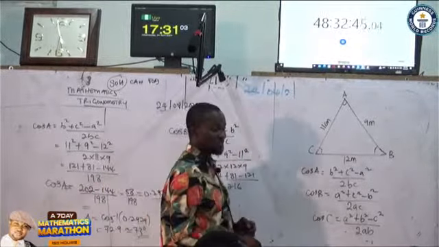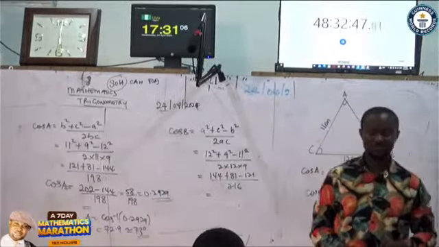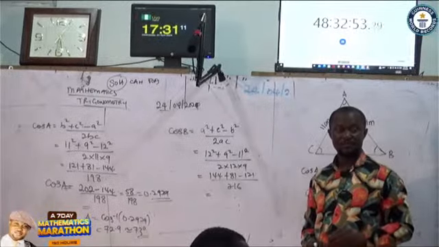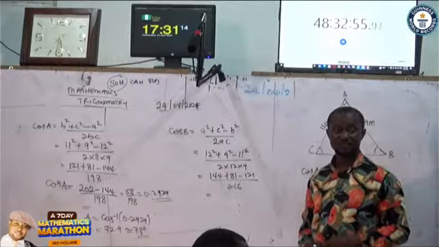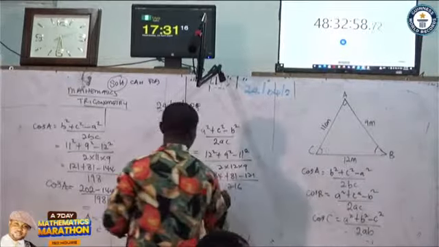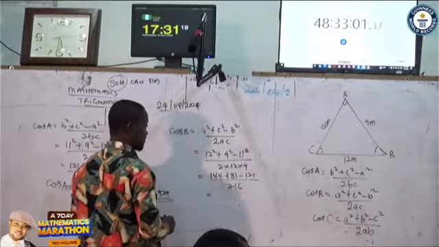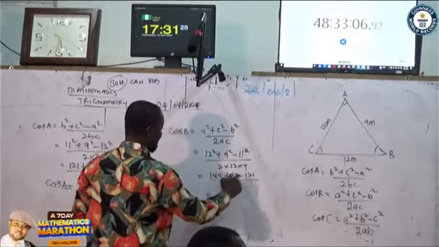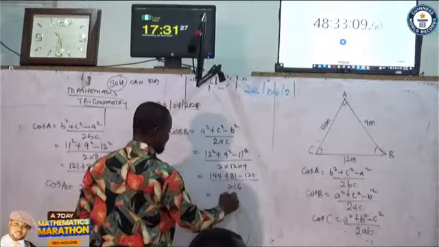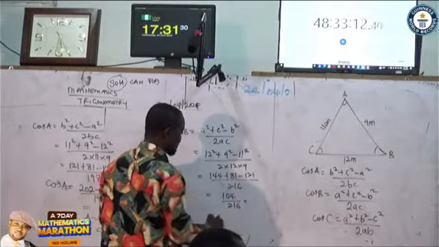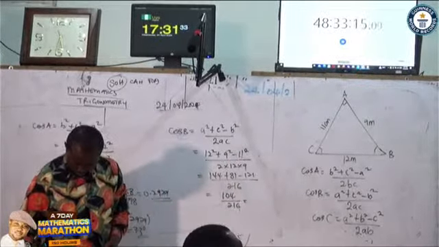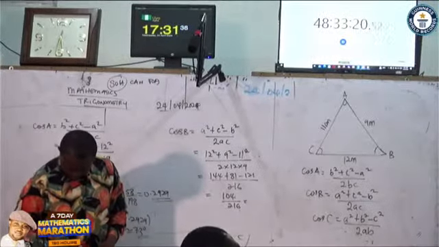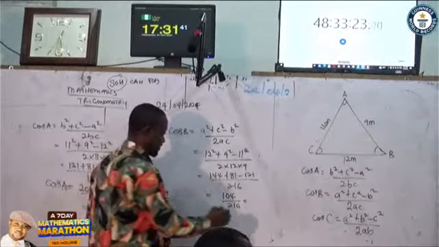You guys know mathematics now very well. If you add this and subtract, what do you have? Everything divided by 216, 104 divided by 216 is 0.4815.